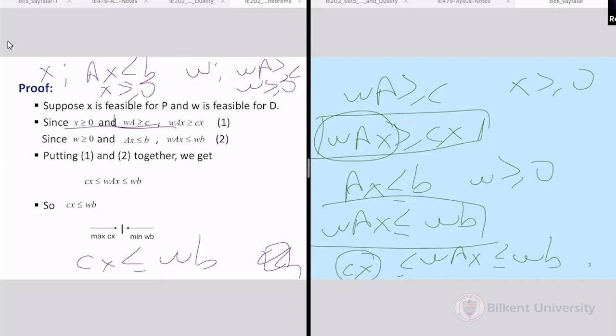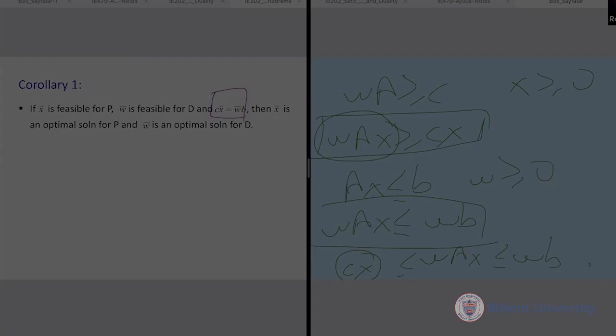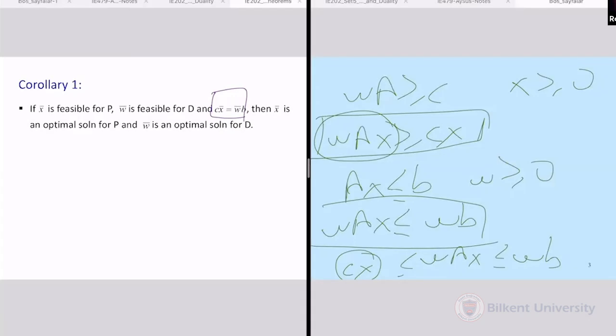Okay, then we come to the corollary. Corollary 1 says that, again, if X is feasible for P and W is feasible for D, then you're checking. Okay, so let me try to recap what we were doing. We have seen the weak duality theorem. I'm assuming no questions on it.